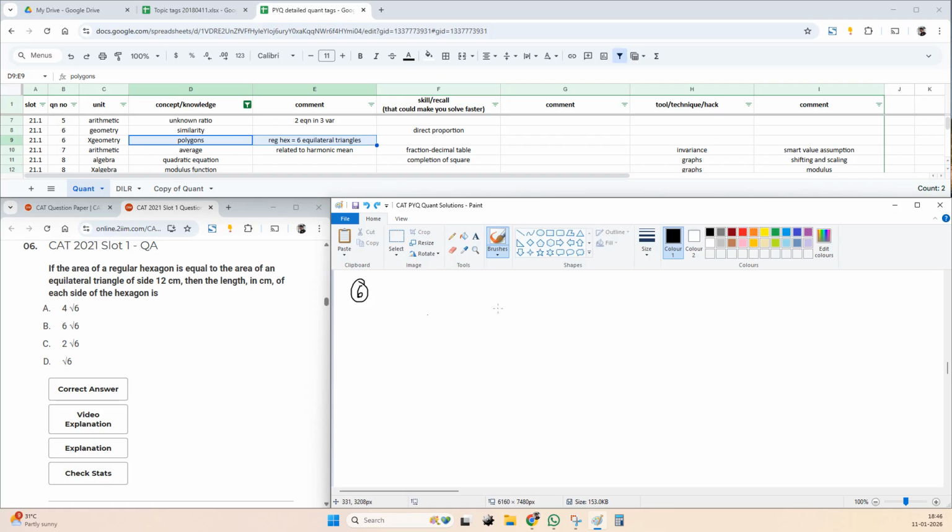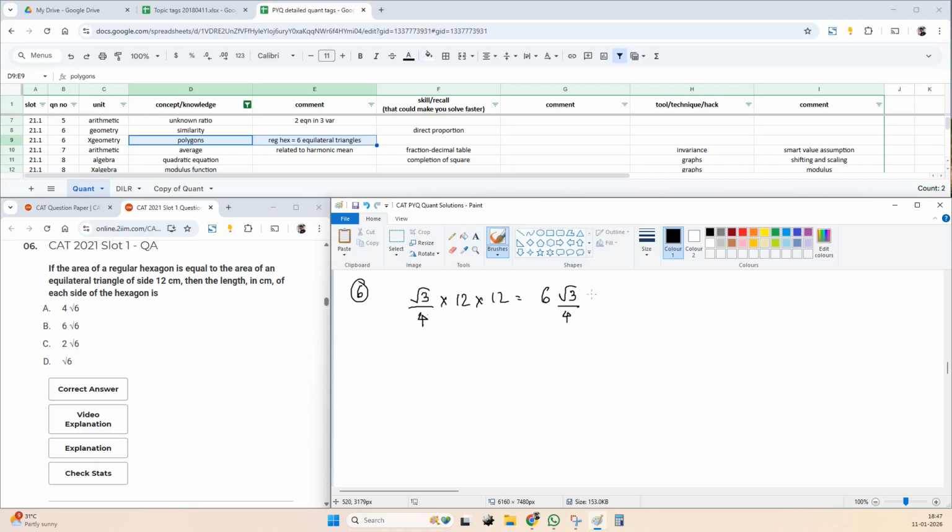So the simple way is to just do exactly what they've written. Area of a regular hexagon is equal to the area of an equilateral triangle. So let's do the area of the equilateral triangle. It is root 3 by 4 side square. Side is given to us straight up. And then on the other side you have a hexagon with an unknown side, we'll call S. We are trying to find that out, one of these 4 options. We know that the hexagon is 6 times, or you can directly invoke the formula.